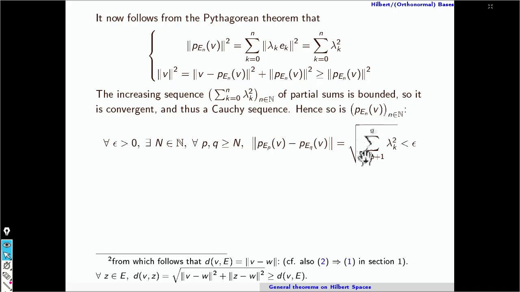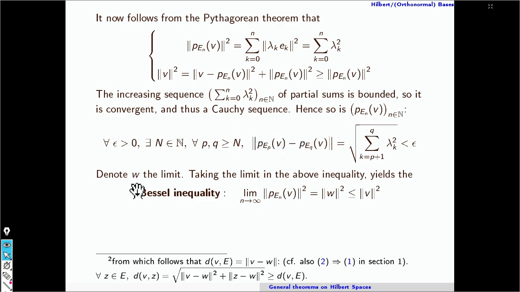Take the square root, and this can be made arbitrarily small because this sequence was Cauchy. As a Cauchy sequence in a Hilbert space, the sequence of projections admits a limit. Then, by continuity of the norm squared, the limit of the norm squared is equal to the norm squared of the limit.